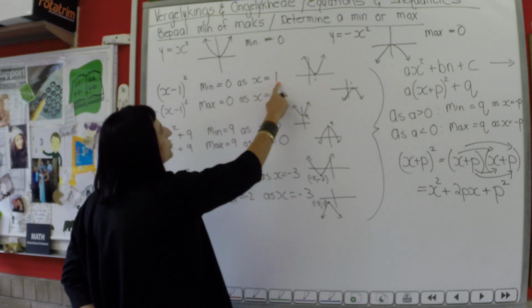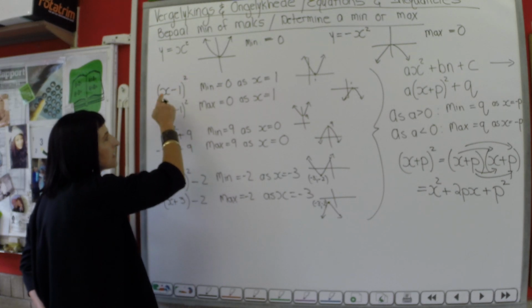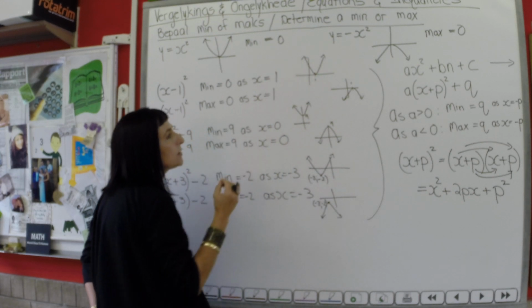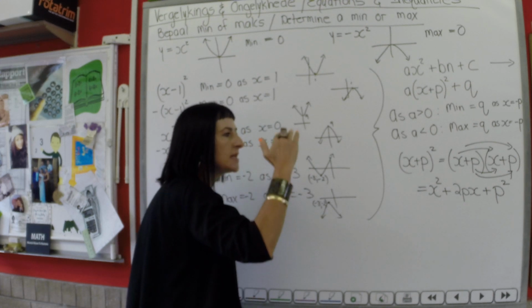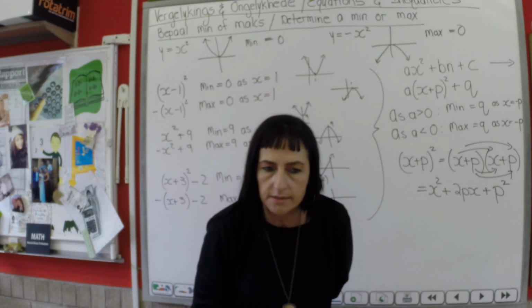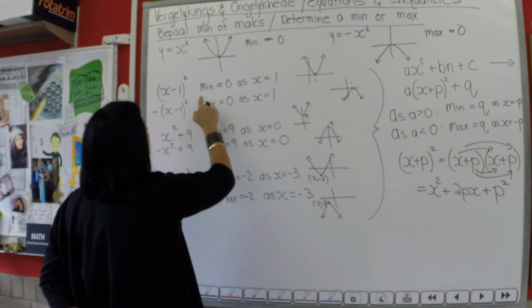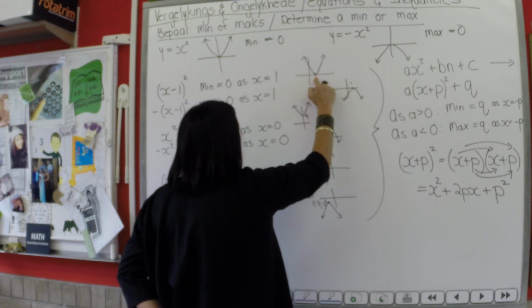Because if you substitute 1 into this thing, you get 0 square, and that's 0. So jou y-waarde is 0, dis jou minimumwaarde. My minimum en maksimum lees ek altyd op my y-as. Y-as, vertikaal. So that's my minimum value of 0 when x equals 1.